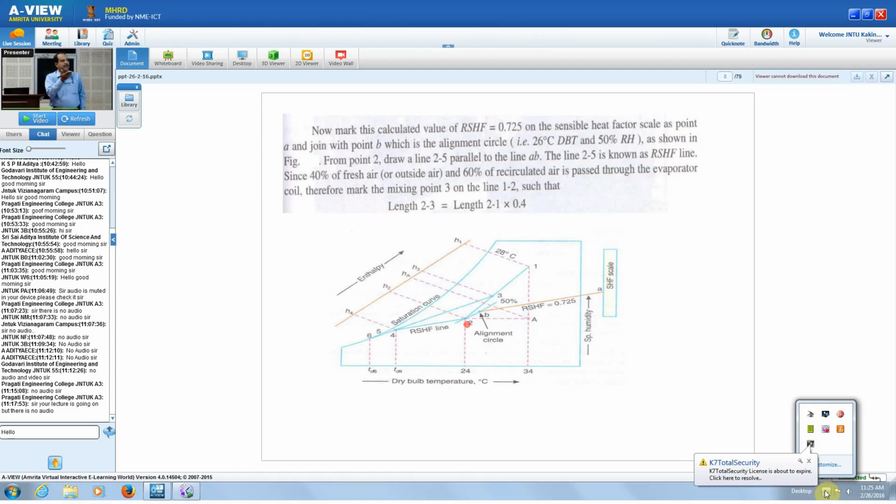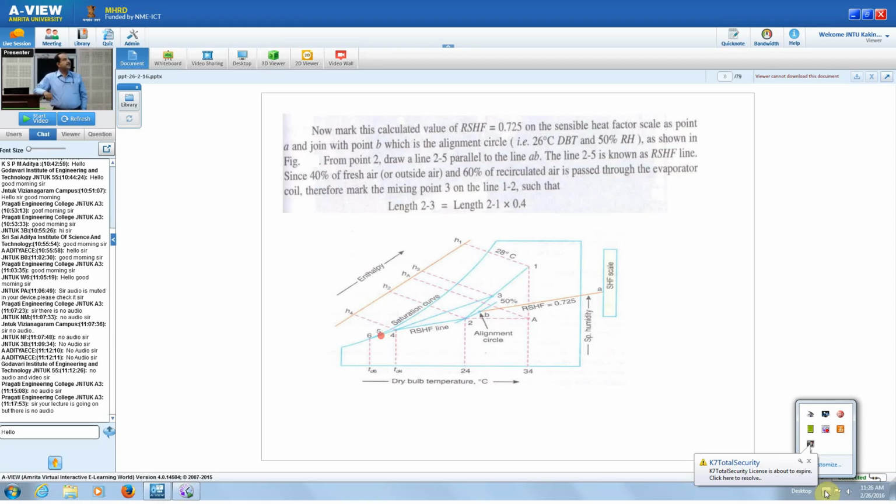Parallel to this line, draw a line from point 2 to point 5, on the left side, where it coincides. That will be point 5. The line 2-5 is known as the room sensible heat factor line. Right?